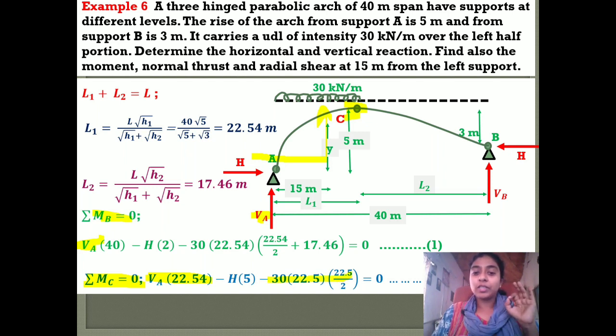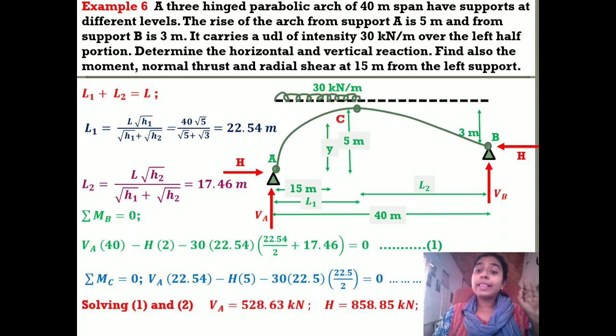Minus 30 into 22.5 into 22.5 by 2, that is, load into distance multiplied by half of the distance. So it is 30 into 22.5 into 22.5 by 2 is equal to 0. This is our equation 2. Now we have two equations and two unknowns.